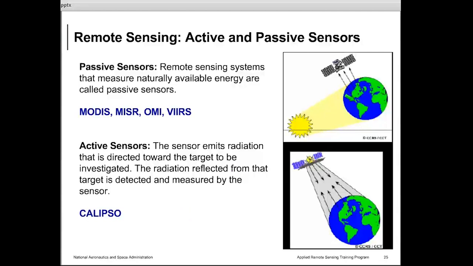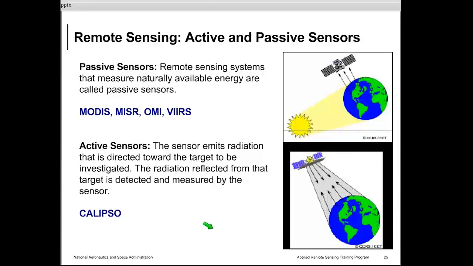The sun's energy, like we talked about earlier, goes through the atmosphere, gets reflected back to space, the satellite makes the measurement, and that's how passive sensors work. It does not have its own source of energy. It uses the sun or Earth emitted radiation.